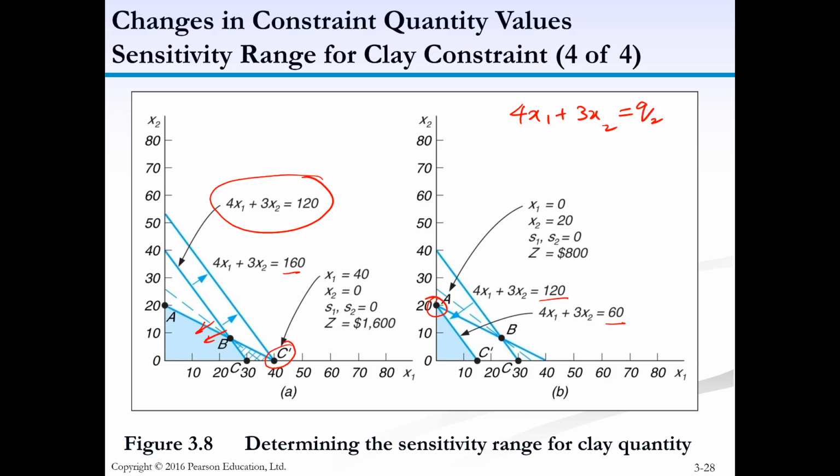So for Q2, the new point from the graph has coordinates x1 is equal to 40 and x2 is equal to 0.